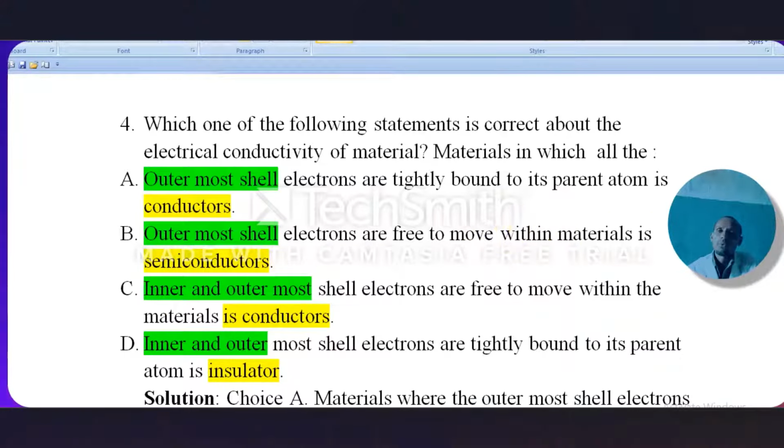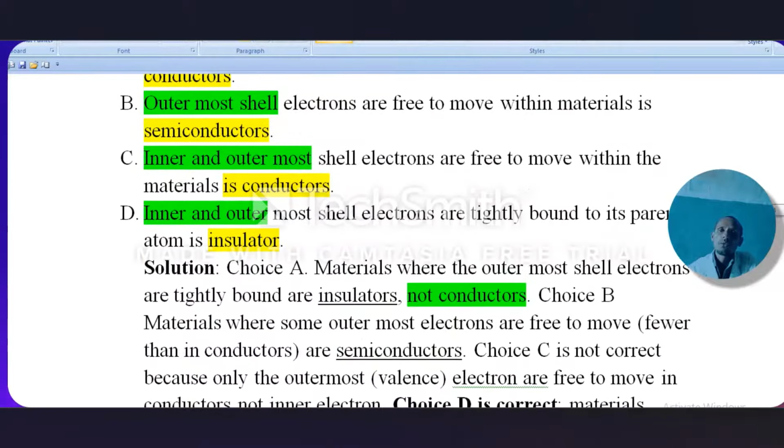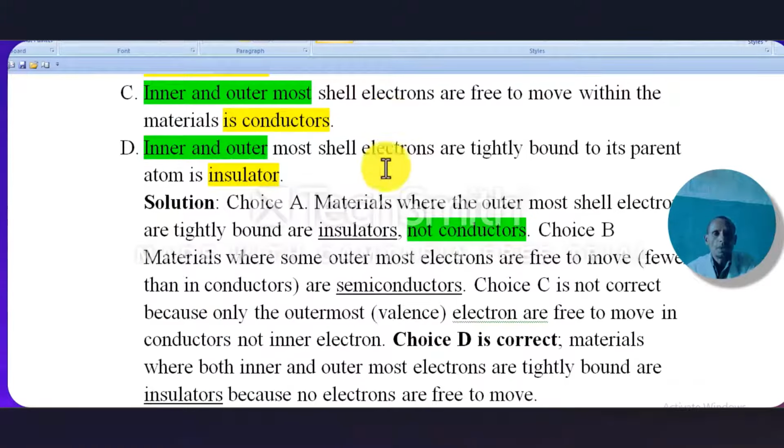Before choosing the answer, let me interpret each choice. Choice A says that a material where the outermost shell electrons are tightly bonded is an insulator, not a conductor. Choice B, a material where some outermost electrons are free to move, though less than in a conductor, is a semiconductor.